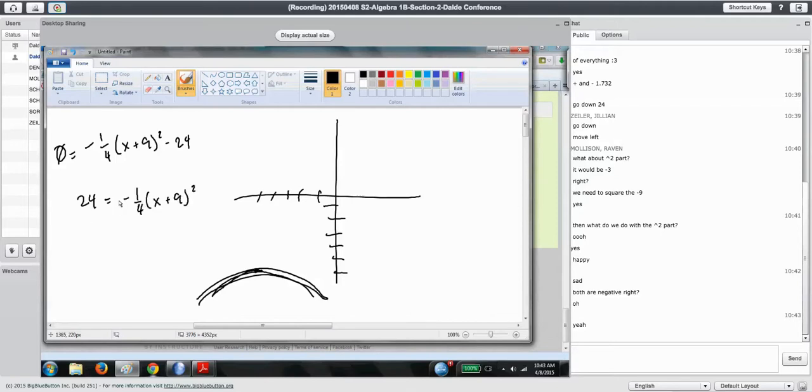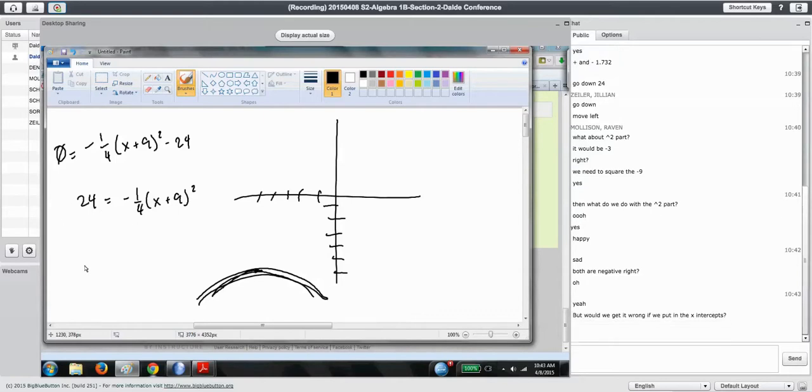Multiply by negative 4. What is 24 times negative 4? That would be negative 96. So negative 96 equals (x plus 9) squared. Then when we square root both sides, you have a problem.